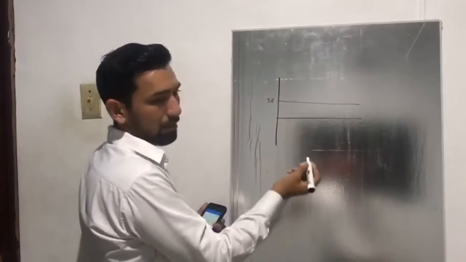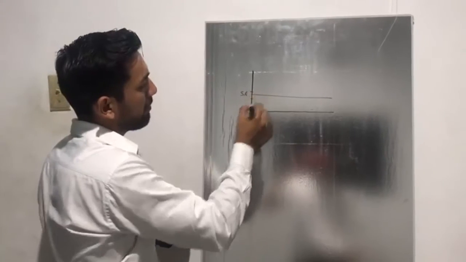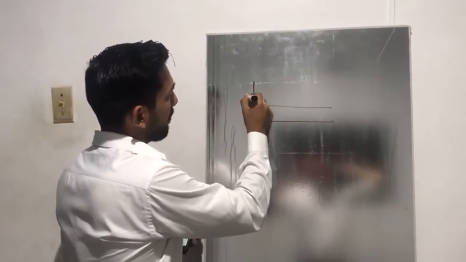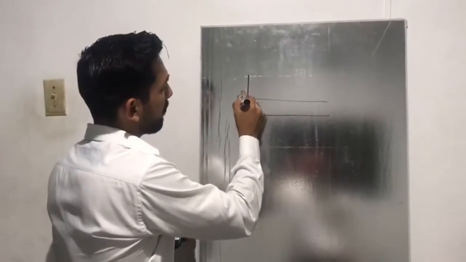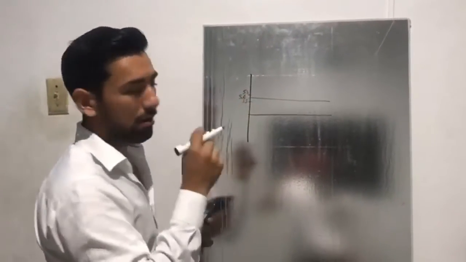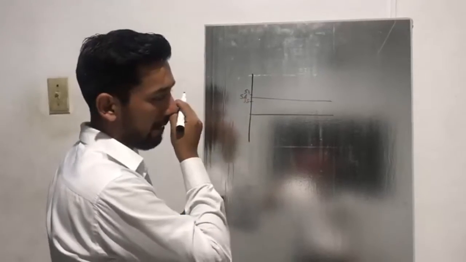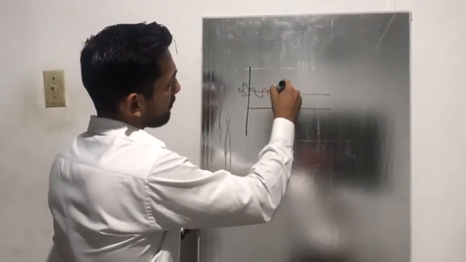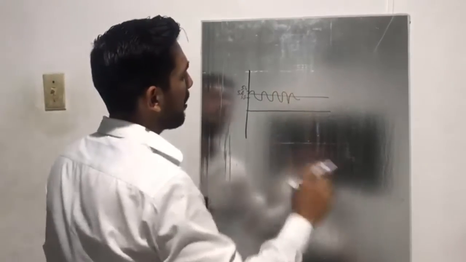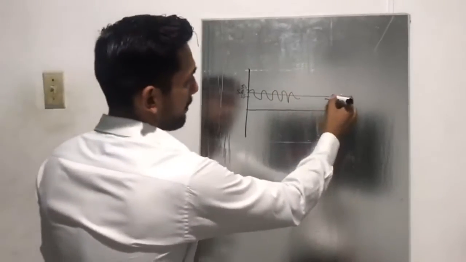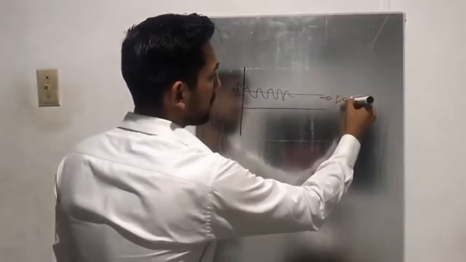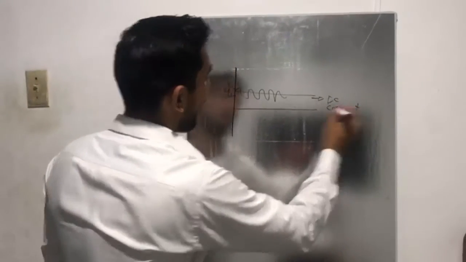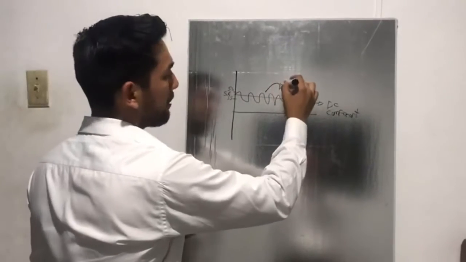For example, the variation of this AC component is around 0.5. So this is the DC component, and this variation is the AC component.